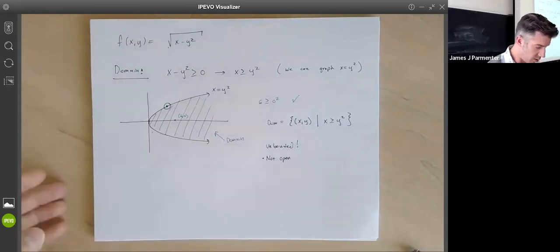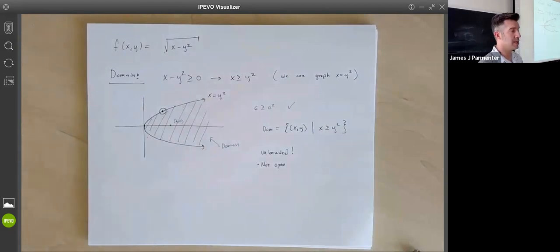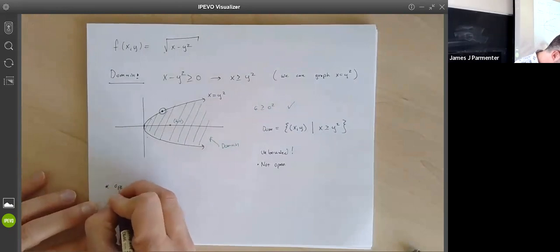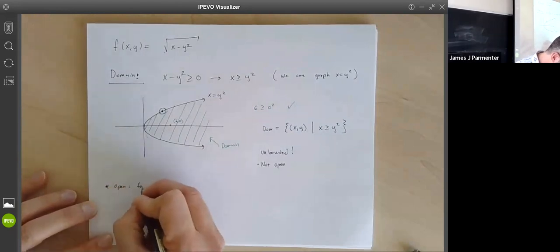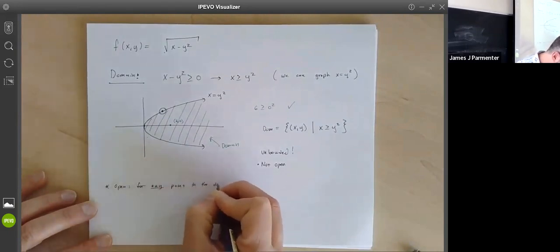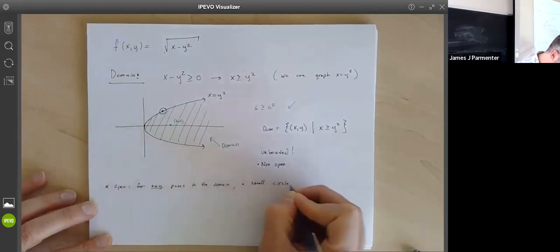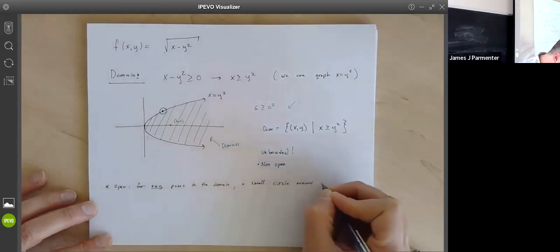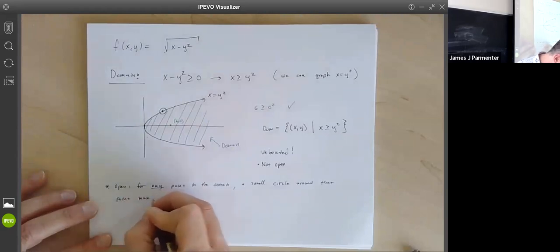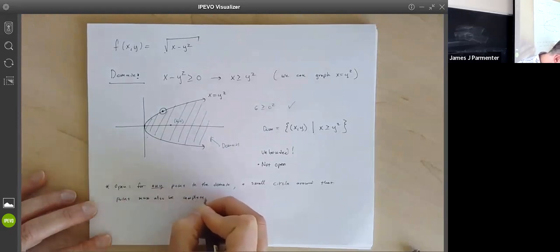Yes, definitely. So I'm going to say it in a slightly different way. To be open, for any point in the domain, a small circle around that point must also be completely contained in the domain.